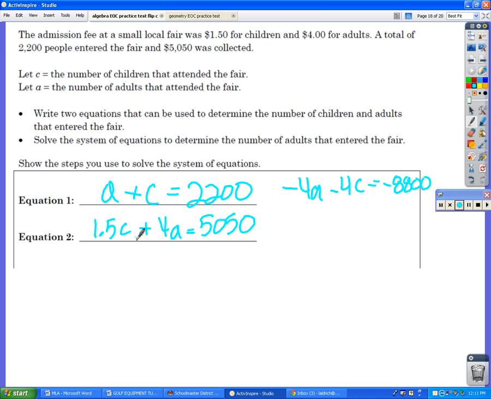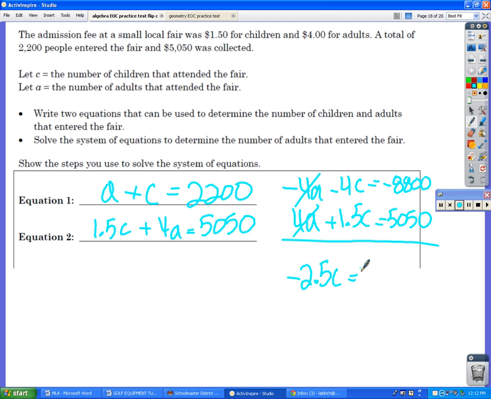And then I'm going to switch these around so they match up and go 4a plus 1.5c equals 5,050. Okay, now we can add these together. So the a's cancel. Negative 4c plus 1.5c is negative 2.5c. And negative 8,800 plus 5,050 makes negative 3,750.